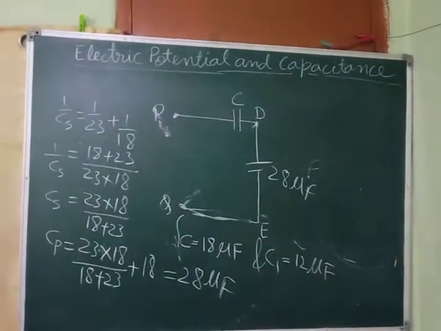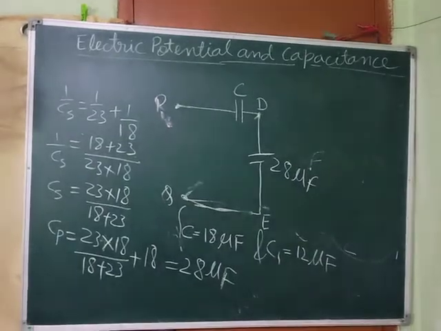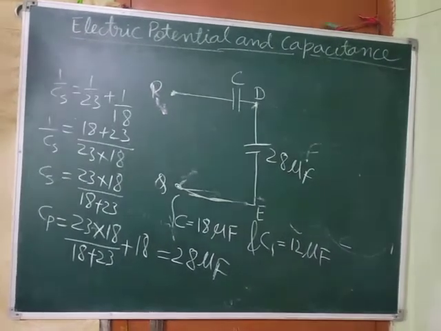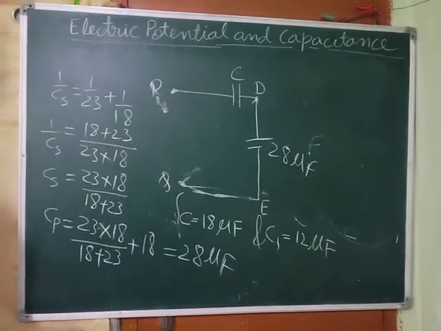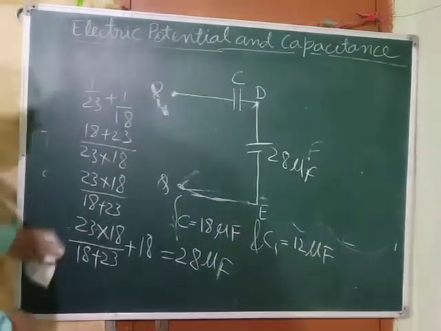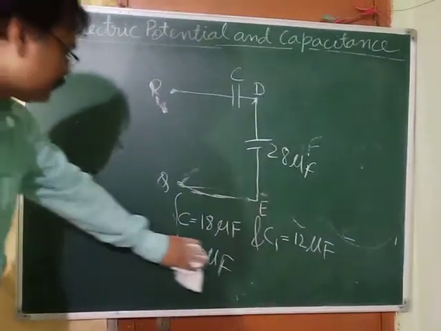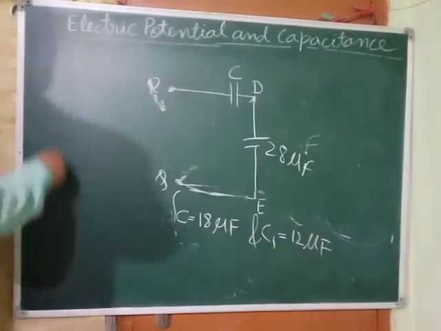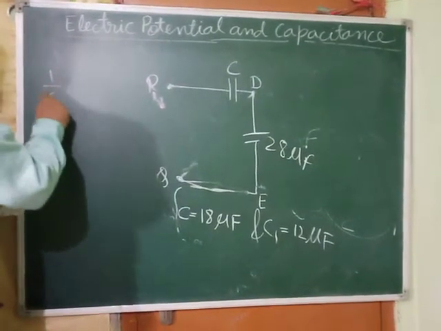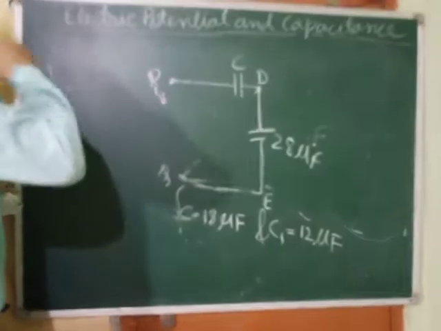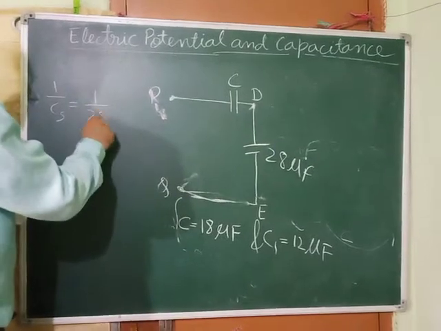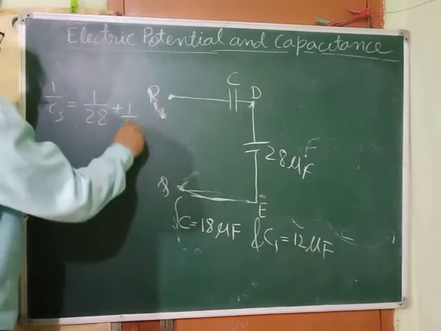Now 28 and C, they are in series. So again we have to go for the series combination. Note it down. 1 by CS is again 1 by 28 plus 1 by 18.